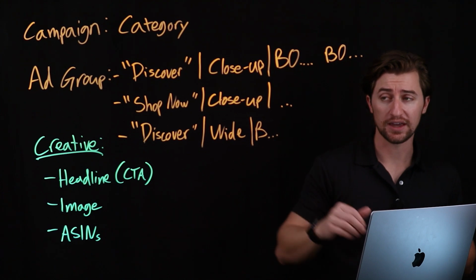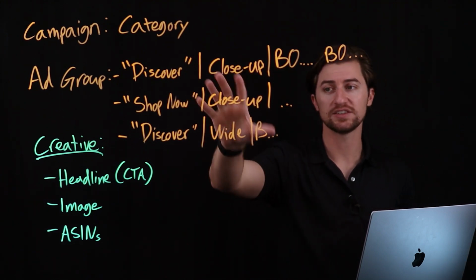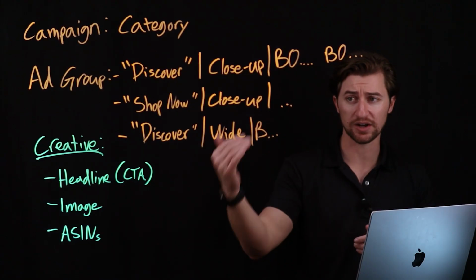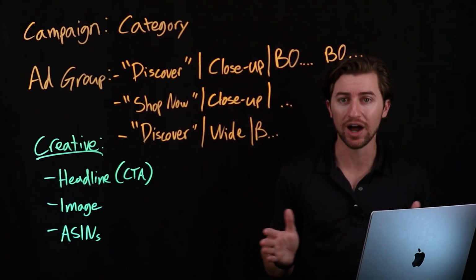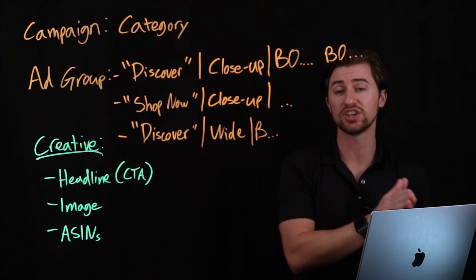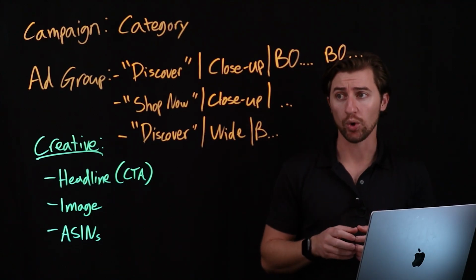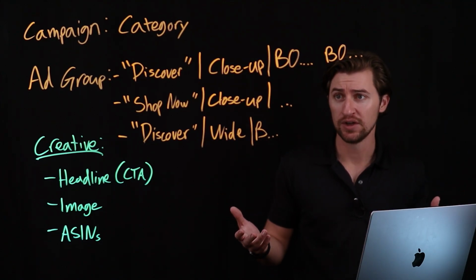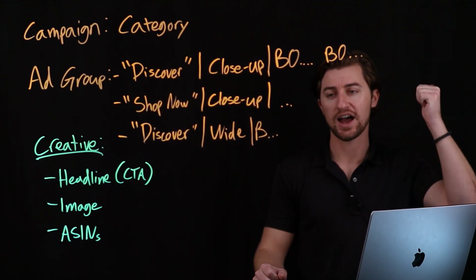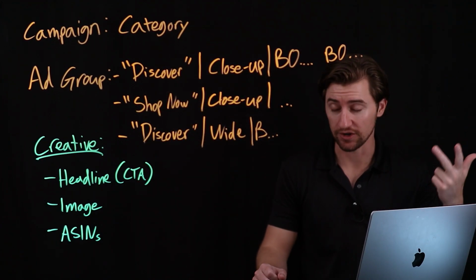Now, if that were the case, then we might still see some performance difference between which creative is outperforming another creative, but we would not be able to see if the difference in performance was because of which keywords were going to which creative, or if it was just the creative itself doing better. So let's say all of these were bidding on iPhone cases, iPhone accessories, and iPhone chargers.